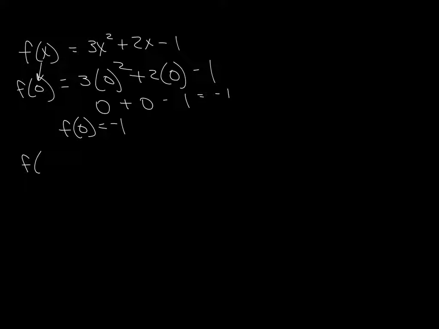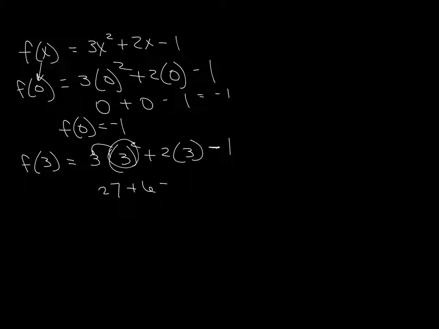F of 3, and again we're just going to replace all of our x's with 3's. Three times 3 is 9, 9 times 3 is 27, plus 6 minus 1 equals 32. So f of 3 equals 32. Alright, f of negative 2.